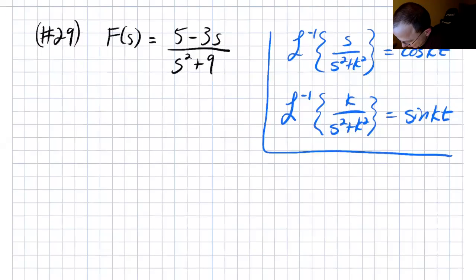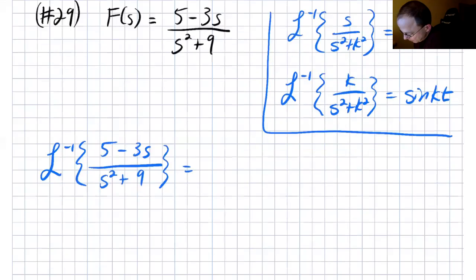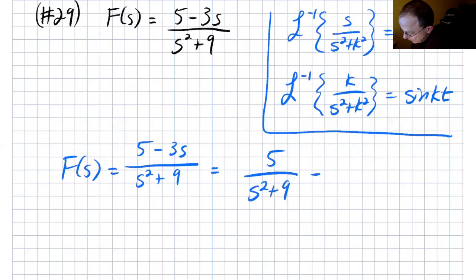So we want to do the inverse Laplace transform of 5 minus 3s over s squared plus 9. Maybe I'll drop this Laplace transform notation first, because I don't want to keep writing it. So I'll split this up.